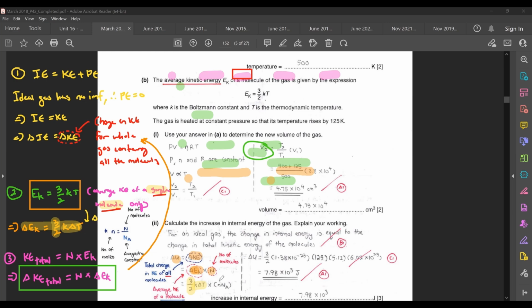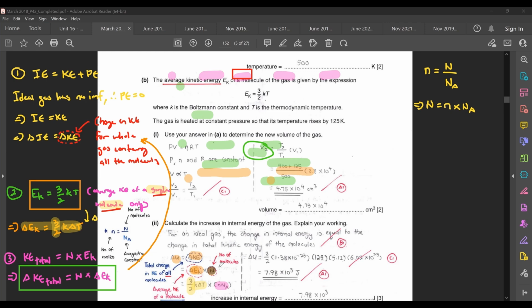But before you can go to that, you again need to do something with your number of molecules n here. You remember that number of moles is number of molecules n divided by your Avogadro constant, such that number of molecules is now number of moles times your Avogadro constant. So right now, rather than putting it as number of molecules, you put it as number of moles multiplied with your Avogadro constant.